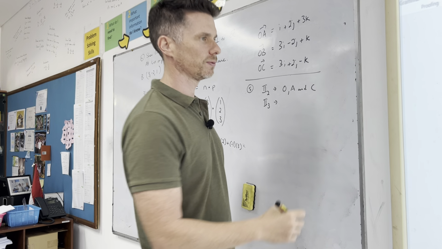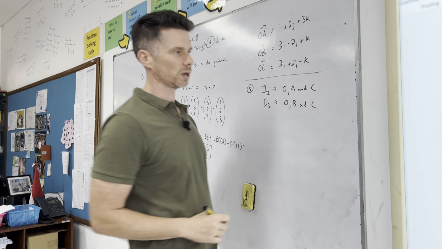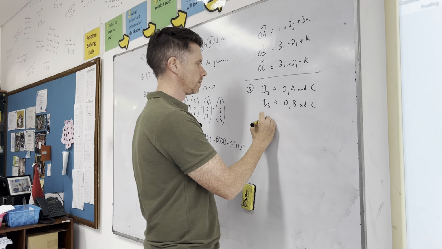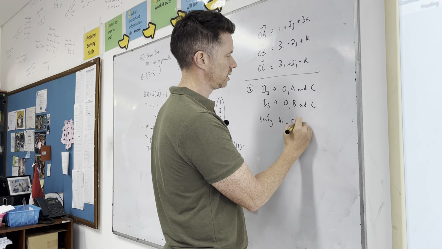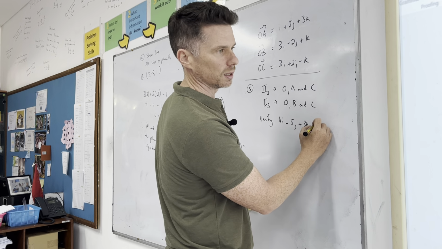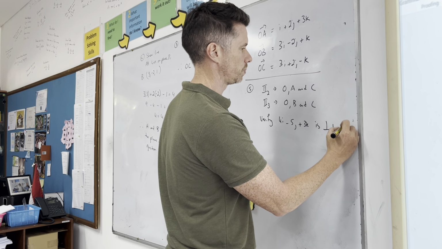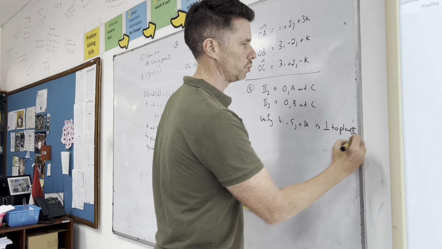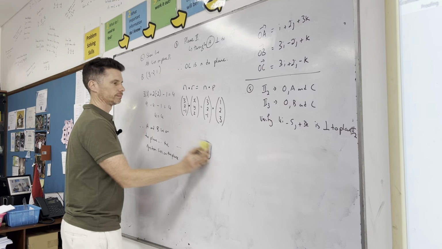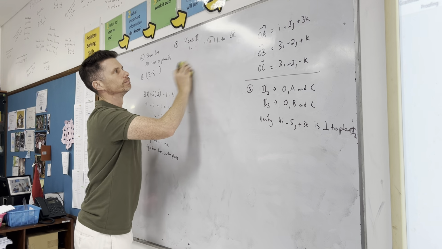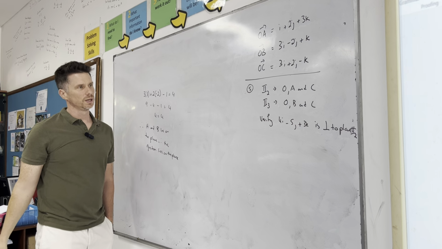Plane 3 is for later on, O, B, and C. And question part E says verify that 4i minus 5j plus 3k... Because we know OC is perpendicular to plane 2, because it says so. Oh, that's different. My bad. Okay, so we do need to do some stuff here.